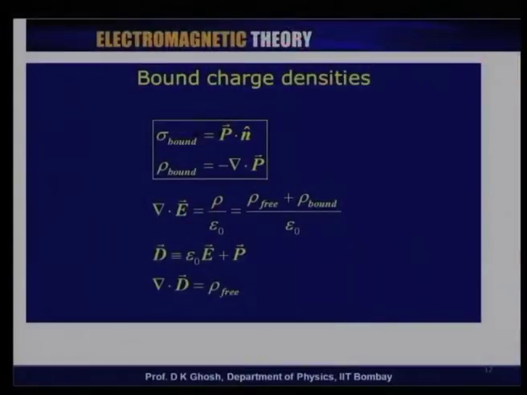Now, remember, there is no physical way of doing it, because if I want to calculate the electric field, it is the electric field E that is important, but for mathematical reasons using D might turn out to be convenient. And so, as a result, the del dot of D is given just by rho free. Remember two differences. There is a dimension difference because D is defined with respect to E with an epsilon 0 term. So, del dot of D is rho free and not rho free by epsilon 0.